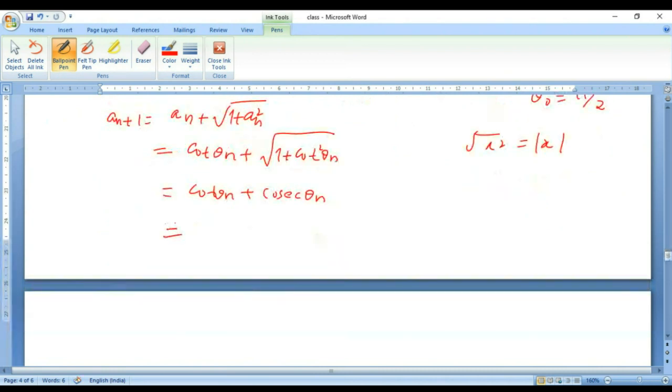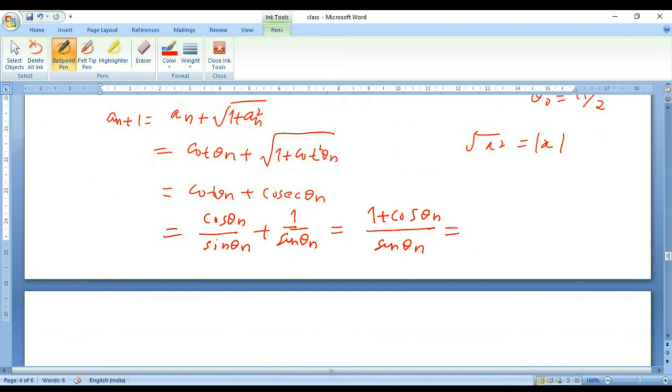Now I can simplify this a bit. Cos theta n over sine theta n plus 1 over sine of theta n, which gives 1 plus cos of theta n over sine of theta n.